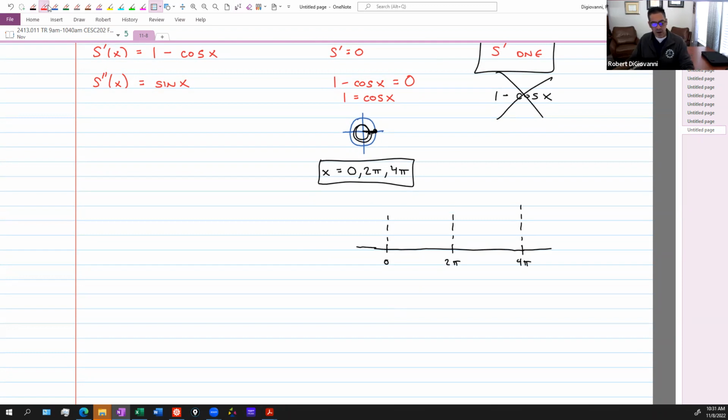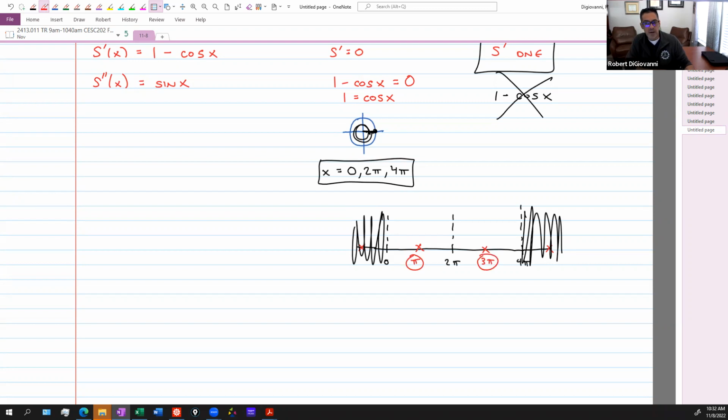Now you might start saying, okay, I need a test point here, here, here, here, but you can throw away this and this because you're only looking between 0 and 4 pi. So you only need 2 test points. How about pi and 3 pi? Those are good ones.